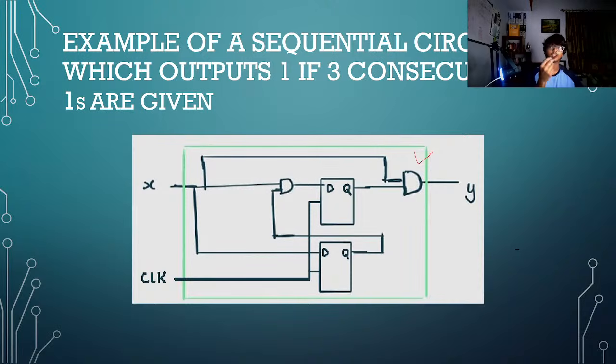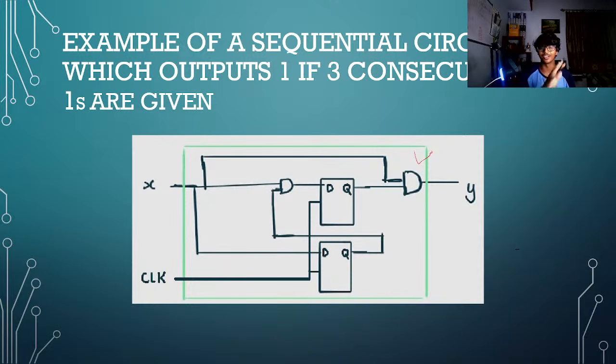So right now, if I ask you, okay, I want a circuit which outputs a one if three consecutive ones and a zero, so I want a 1 1 1 0, only when I receive a 1 1 1 0 will the circuit give a 1. There is a method for you to realize that as well, but that is kind of beyond the scope of this session. I actually encourage you to look into how to generate sequential circuits like that.